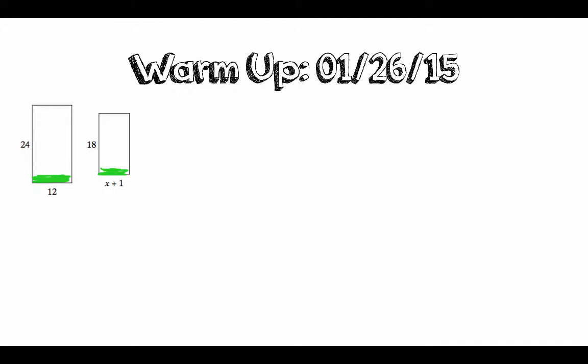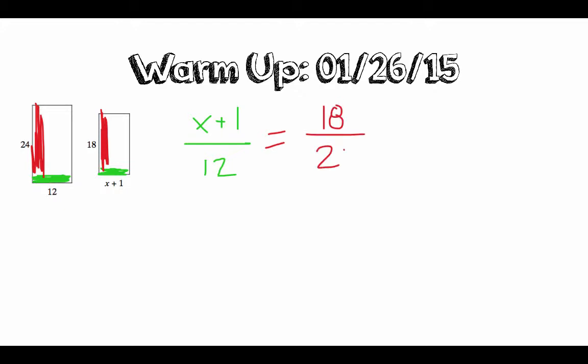And that can serve as our first ratio, our first proportion here. Next, I want to highlight my other corresponding sides. And I'm going to set that equal to 18 over 24.